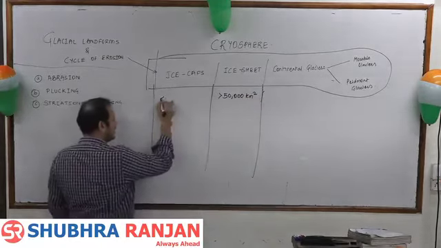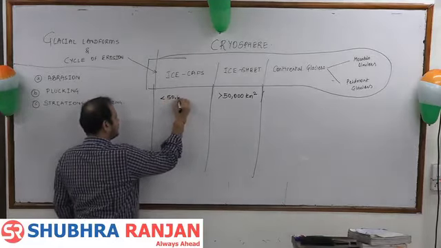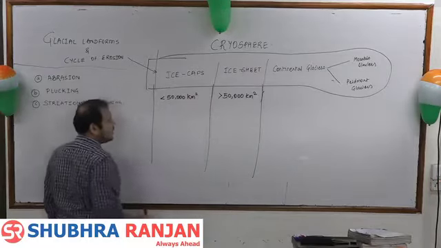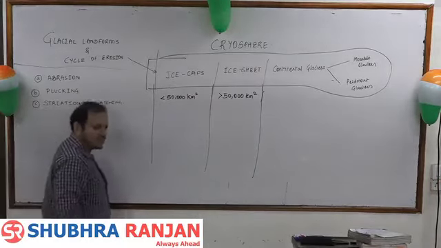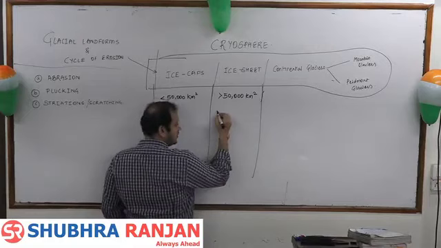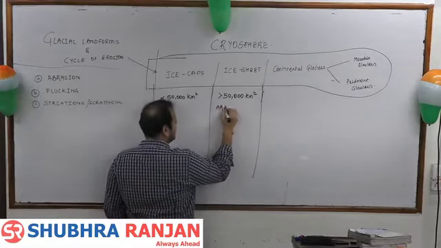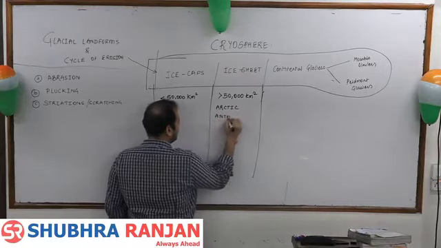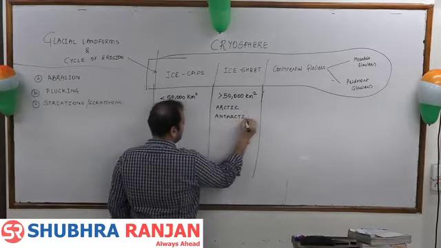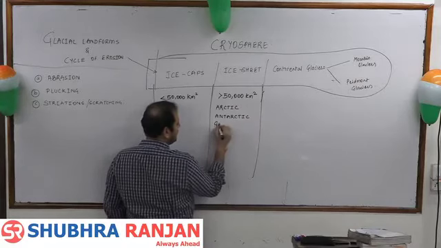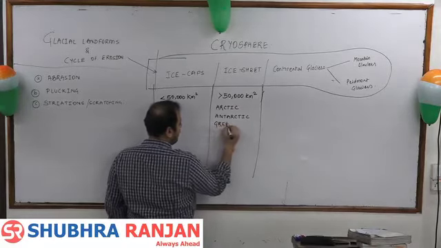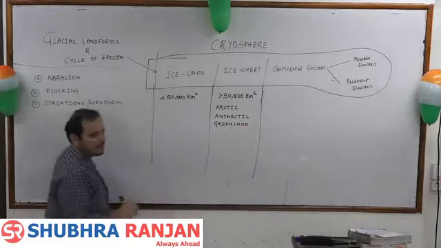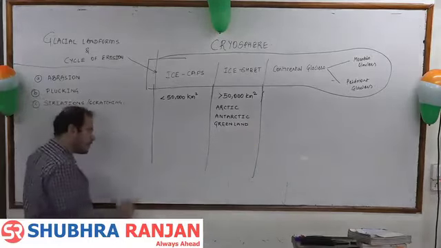If it is lesser than that many square kilometers in area, it is an ice cap. Ice sheets are found only at certain places in the world, that is Arctic, Antarctic, and to some extent Greenland.